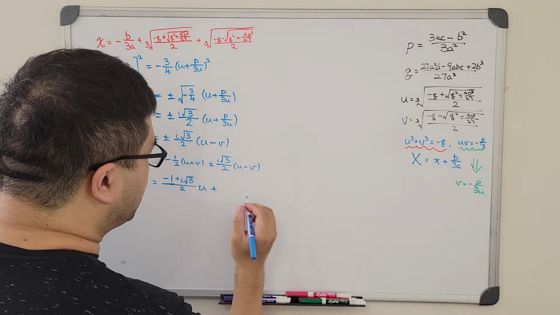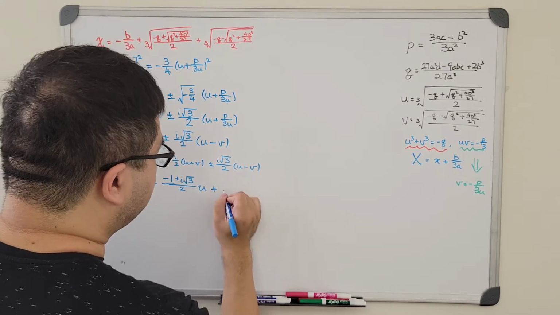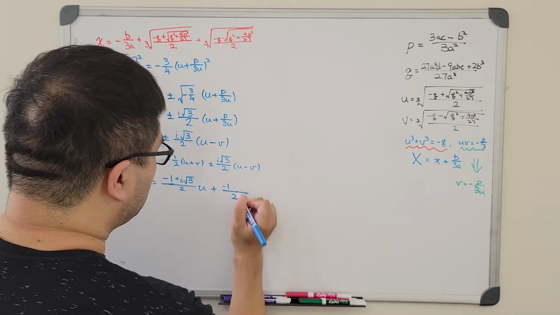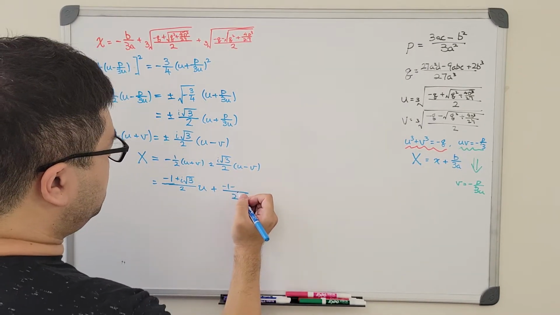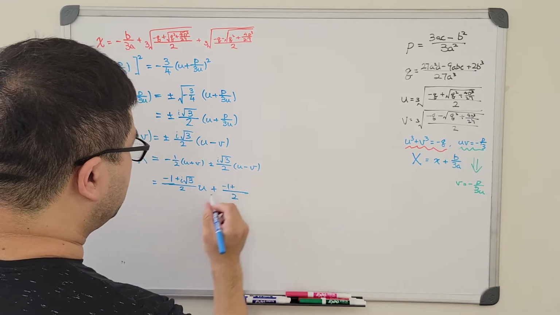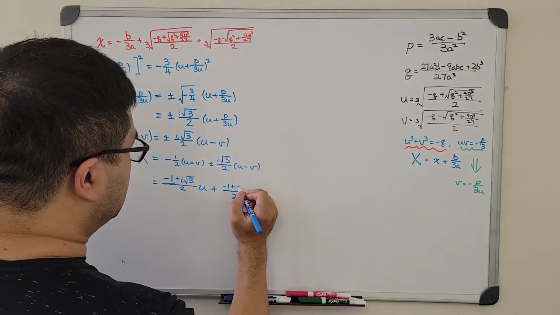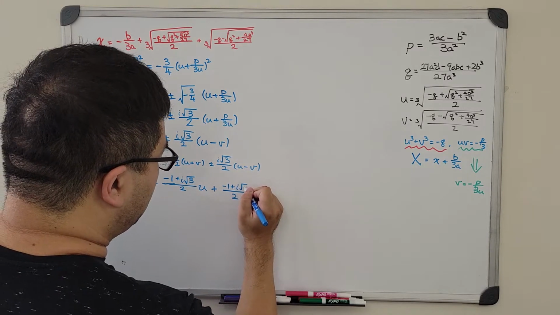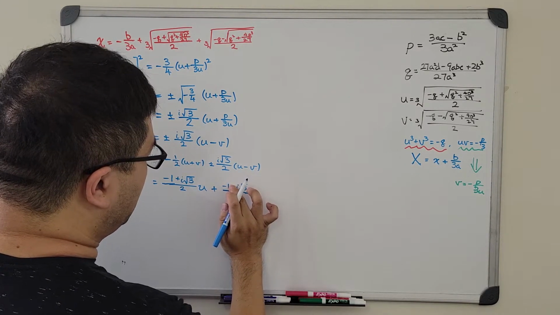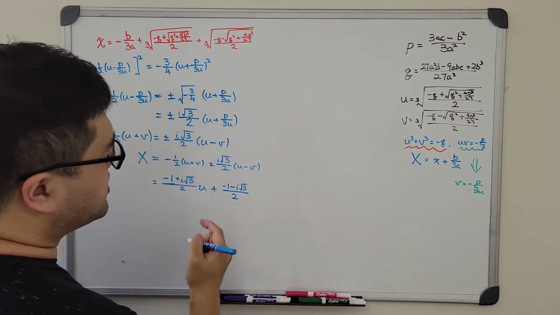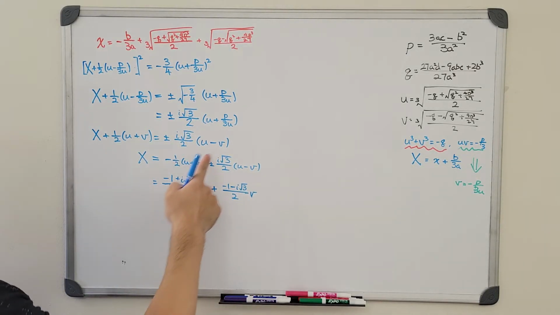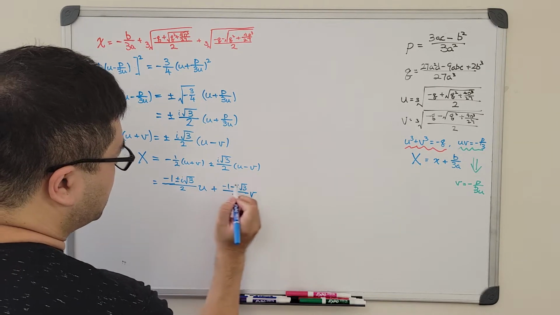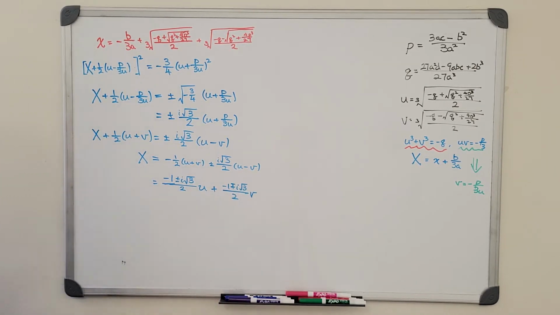And for the second one, we are going to get -1 plus... what is it? i radical 3 times... (-1 minus i radical 3) over 2 times v, if we take the positive root. So we can also put it like this if we combine the two roots together.